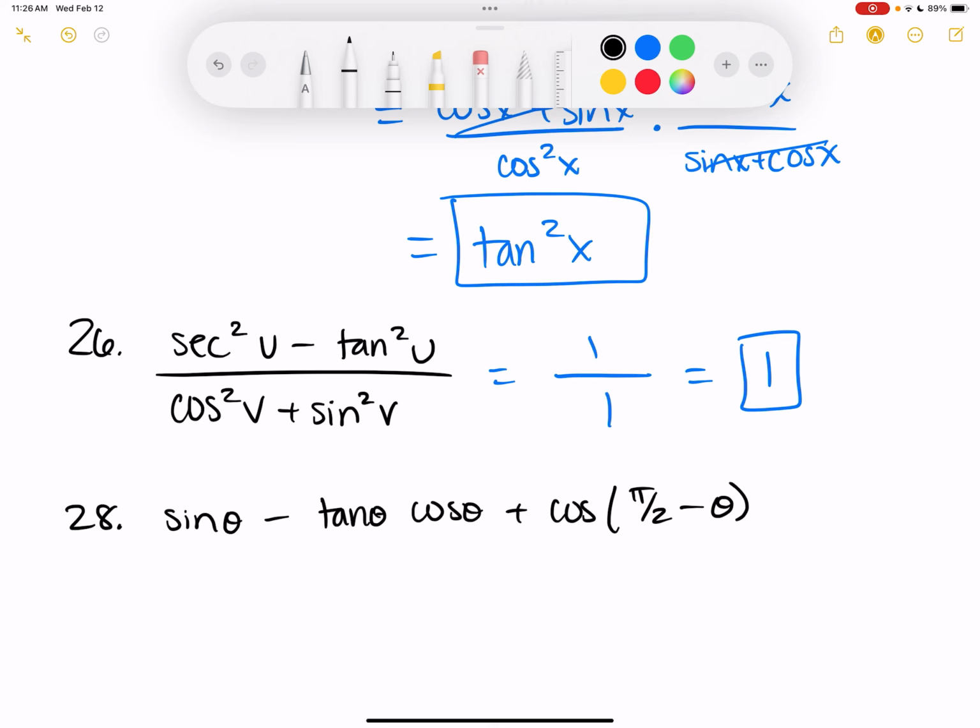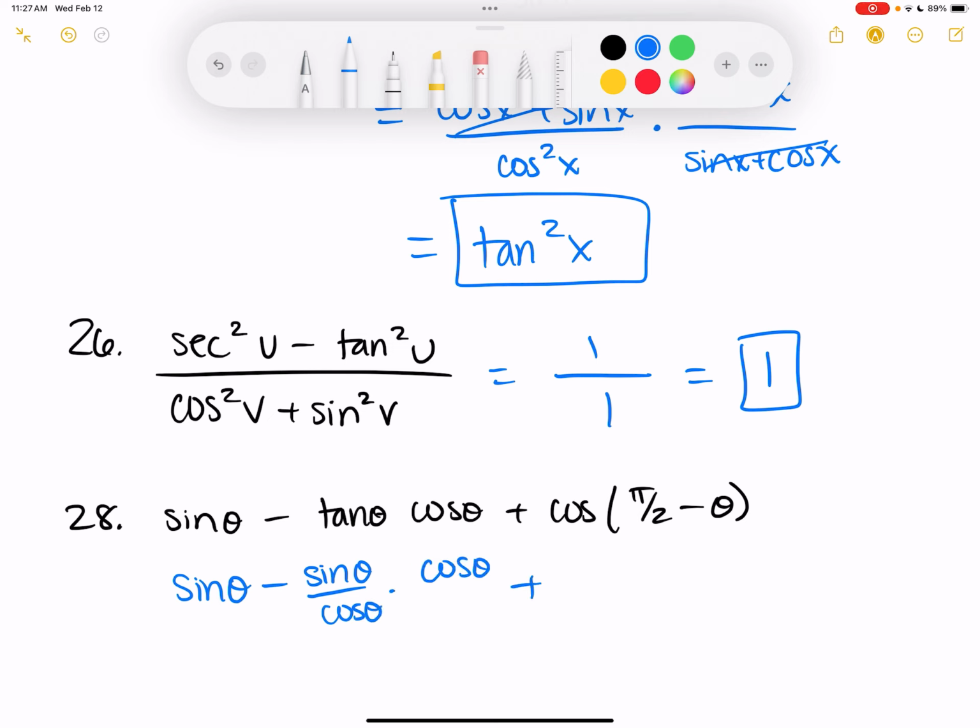So they want me to rewrite everything in terms of sine and cosine first. So first thing I see I need to rewrite is tangent of theta, which is what in terms of sine and cosine? Sine over cosine. Yep. So sine theta over cosine theta times cosine theta.